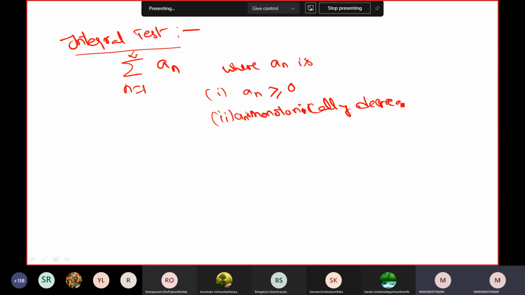Decreasing అంటే తెలుసు కదా మీకు, monotonically decreasing. an is decreasing. Okay na?